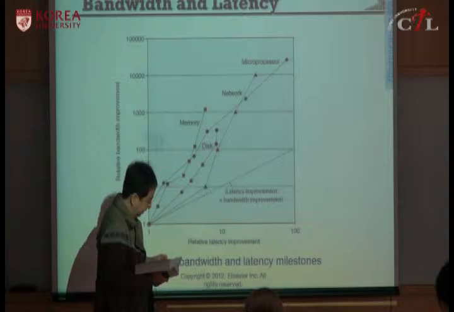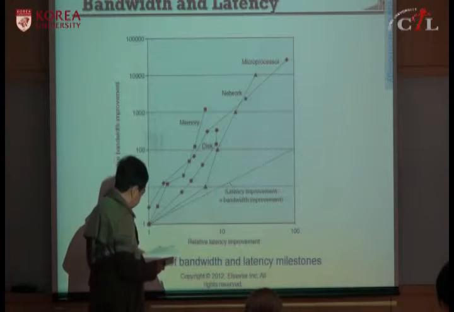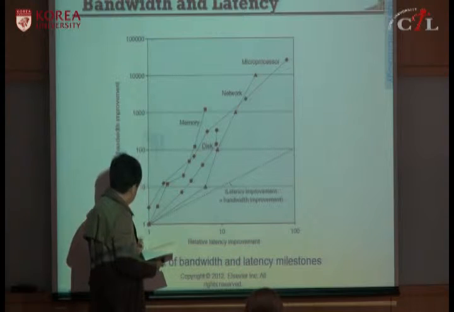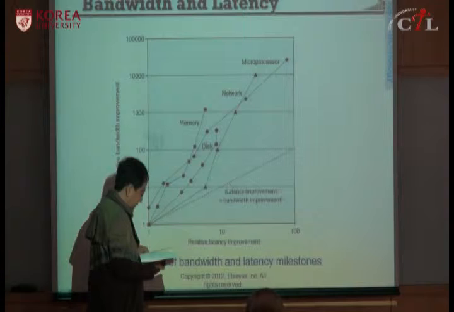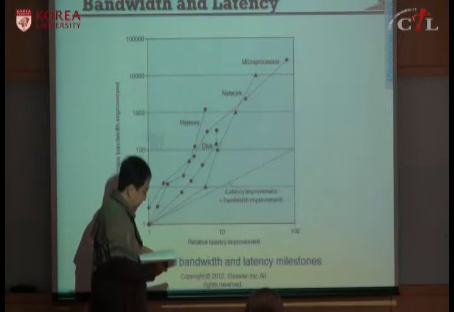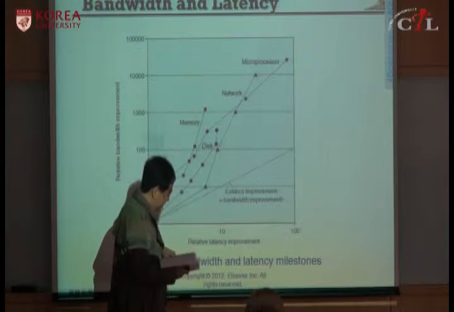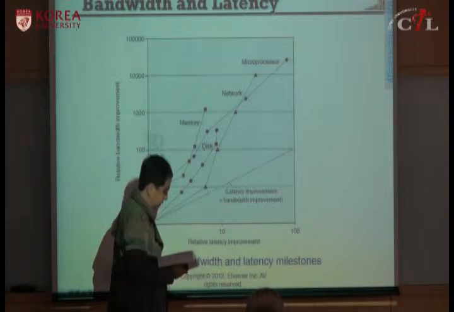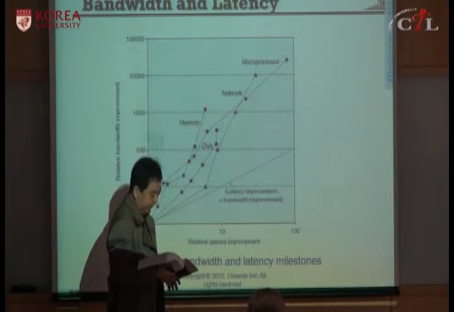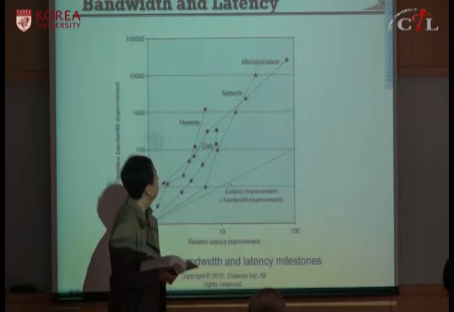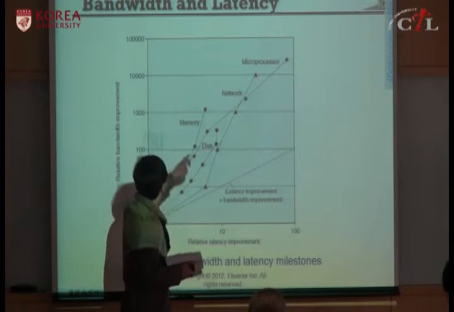So in terms of bandwidth, the first one is 13 megabytes per second. The last one is 16,000, so 16 gigabytes per second. So 16,000 divided by 13. So it gives you how much? About more than 1,000. Okay? Memory bandwidth improved more than 1,000 times.